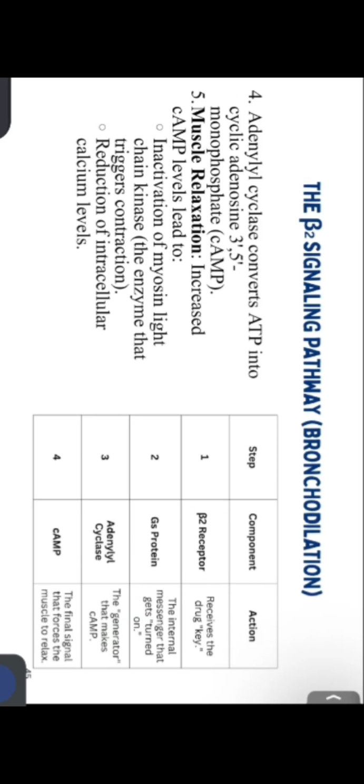After adenyl cyclase is activated, it will convert ATP into cyclic adenosine 3,5 monophosphate or your cAMP, and it leads to muscle relaxation.